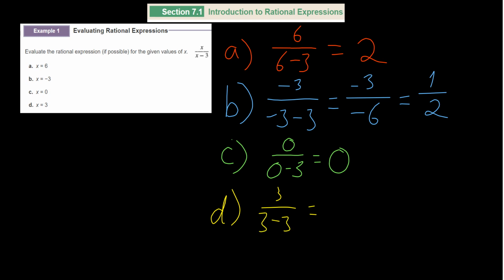Well, 3 minus 3 gives me a 0. So we've got 3 over 0, which we know is undefined. We'll just put UD for undefined. That's all we do to evaluate rational expressions, or evaluate any expressions, really.